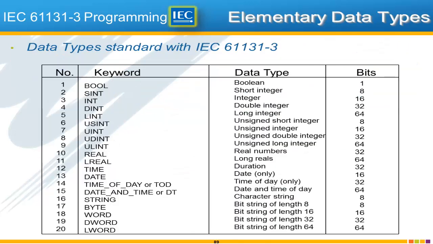Okay, moving on from the SFC programming language, another part of the IEC 61131 standard, which we've already seen here as we program, is called data types. Every variable and literal value has a data type, and IEC 61131 defines these 20 data types.